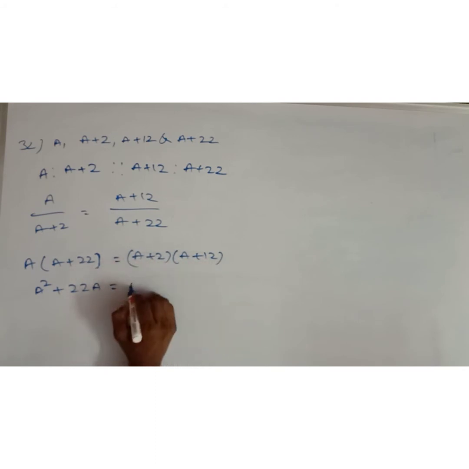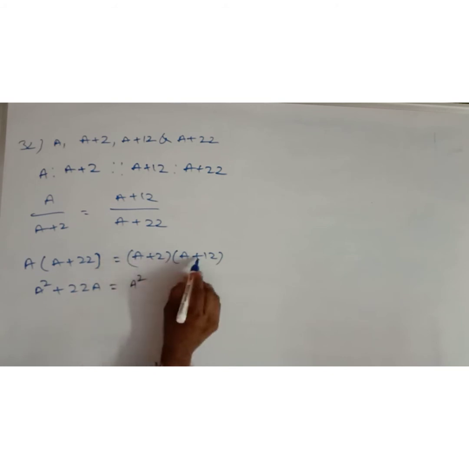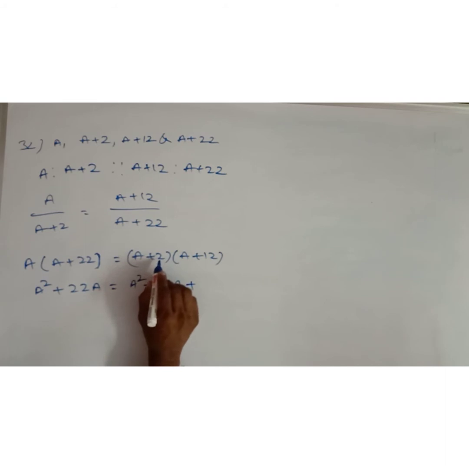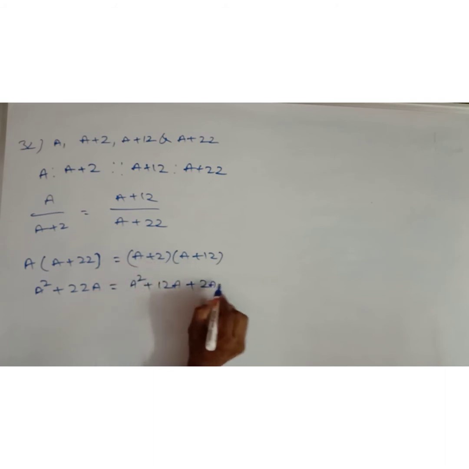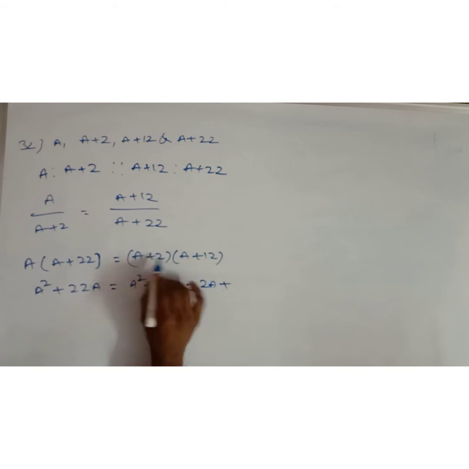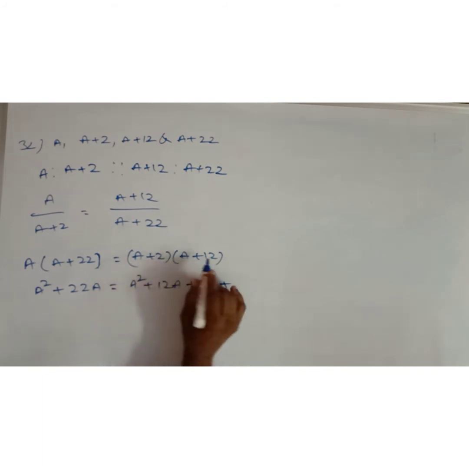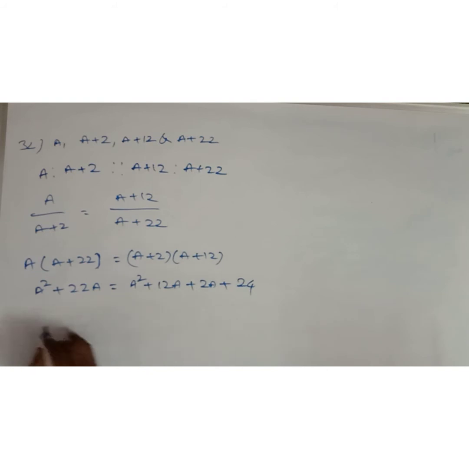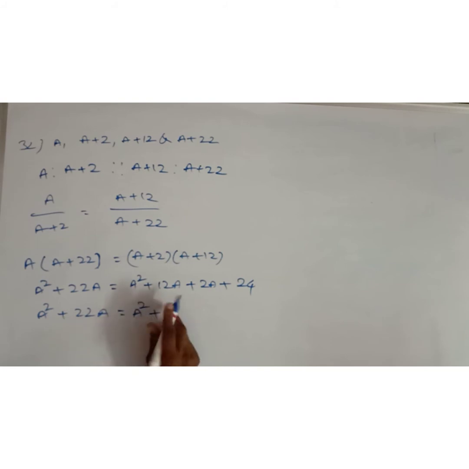So a into a square, plus into plus is plus, a into 12 is 12a, plus into plus is plus, a into 2 is 2a, plus into plus is plus, 2 into 12 is 24. Now a square plus 22a is equal to a square plus 12a plus 2a is 14a plus 24.